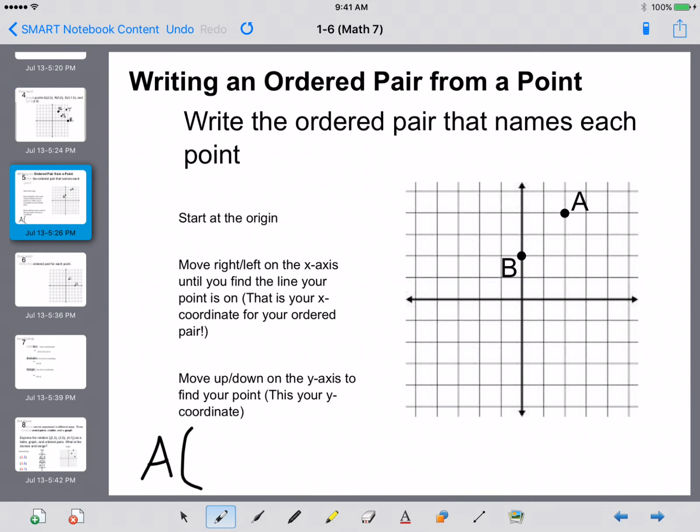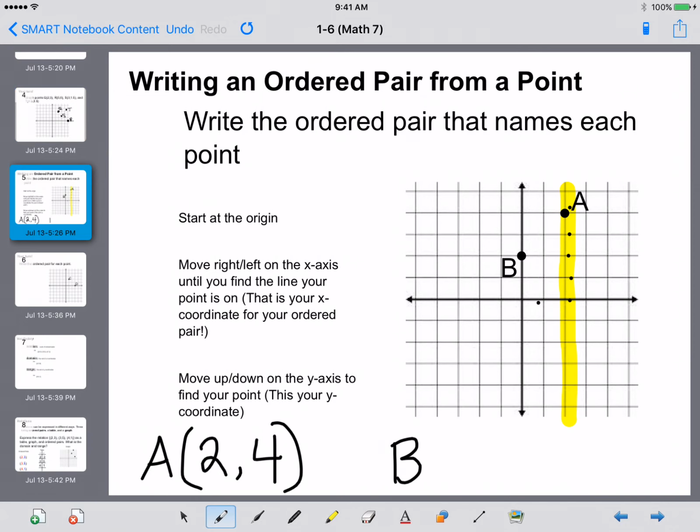So for A, I'm going to go over 1, 2. It's along this line of 2 right here, so our x-coordinate is 2. Then we want to move up or down on the y-axis to find our point. We're going to go up 1, 2, 3, 4. So our point A is at 2, 4.